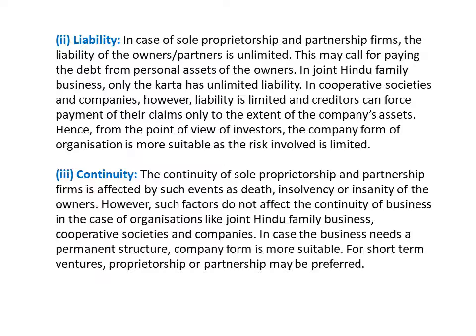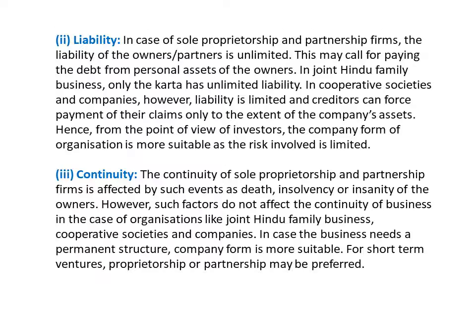But in cooperative societies and companies, the members' liability is limited to the extent of their capital contribution. So, if we are willing to bear the loss, then we will go for a partnership or sole proprietorship firm. But if we want to bear a very limited risk, then we will go for the company or cooperative form of organization.